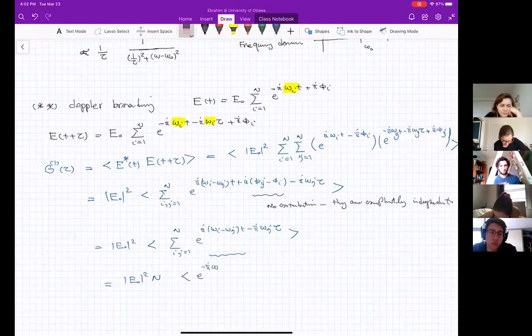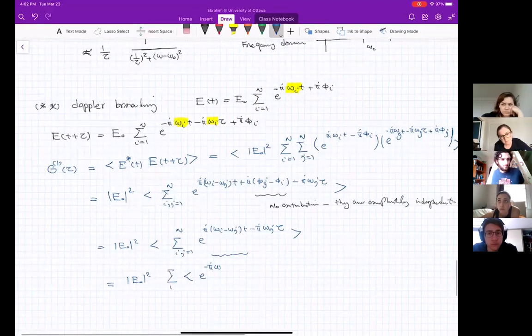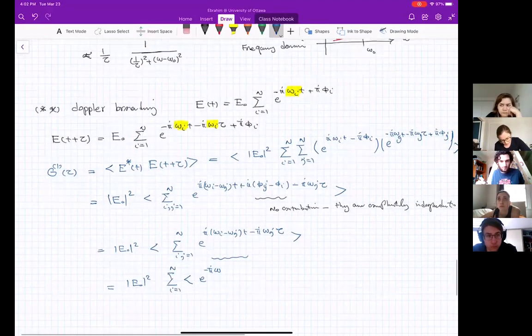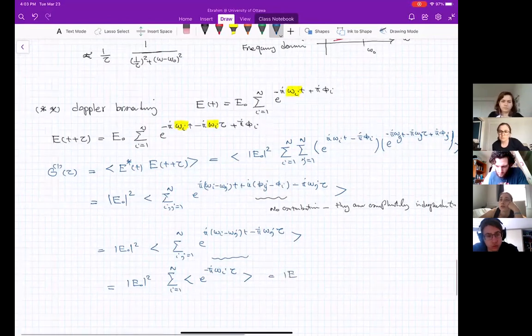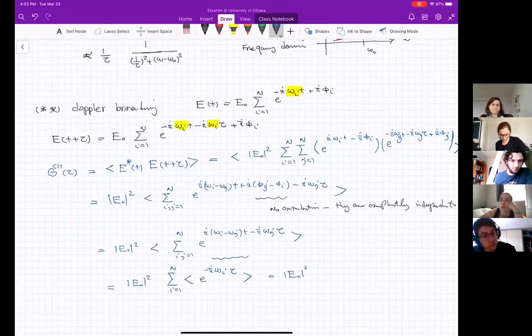Let's write it this way. Sum over i from 1 to n of e power of minus i omega i tau. You agree? Anyone? Clear? Good. So the tricky part appears here. And of course, there is no need to say that is E0, because we assume that they are independent atoms that are moving around.